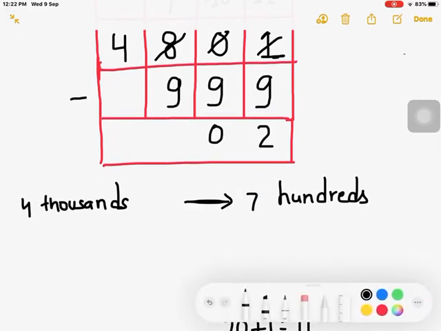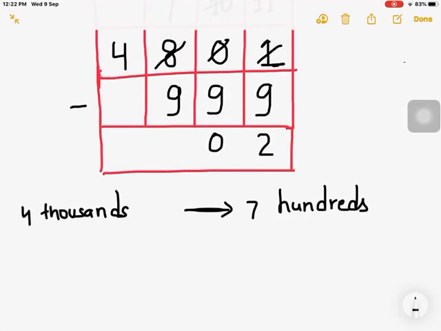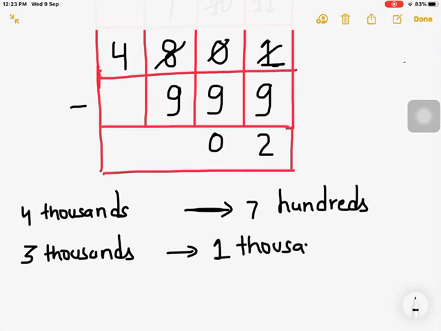When it gives 1000, it will remain 3000, and here 1000 plus 700, isn't it?